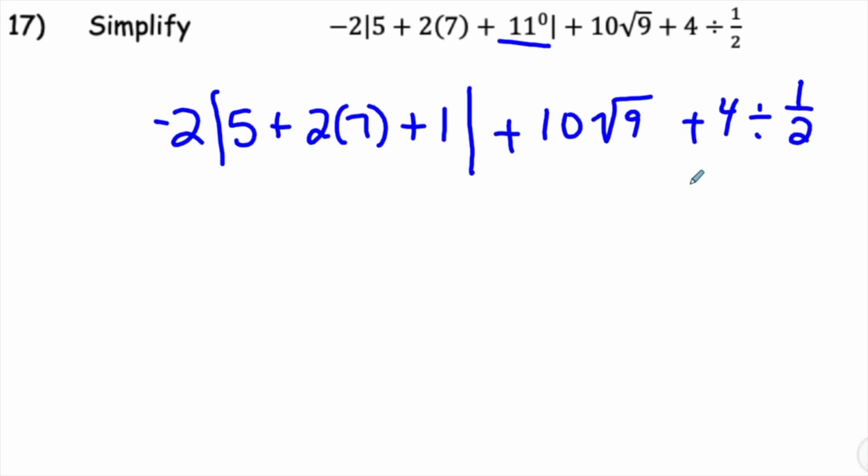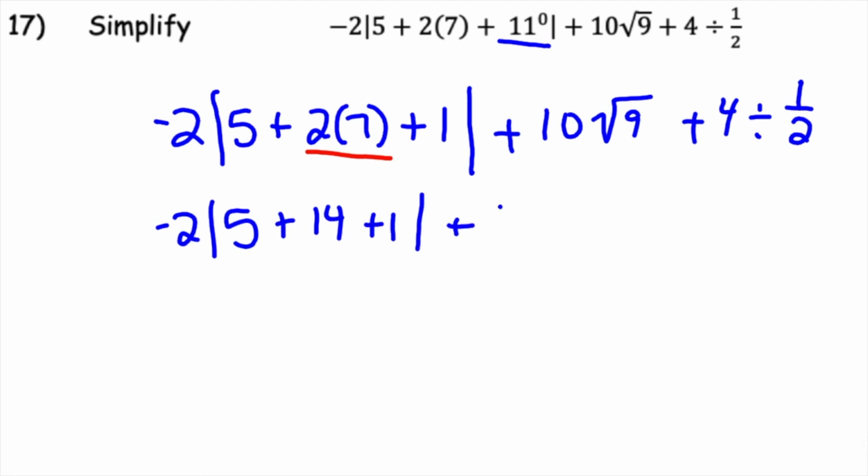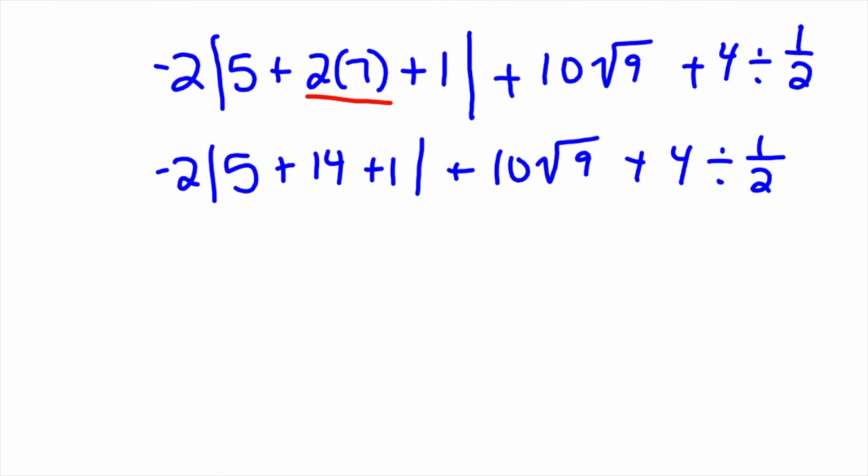Next, inside the parentheses, I'm doing this. 2 times 7. So negative 2. Inside, not parentheses, sorry, absolute value is 5 plus 2 times 7 is 14 plus 1. Outside the absolute values, we got all the rest of this stuff here that I'll deal with later, but I am still working on simplifying my absolute values.